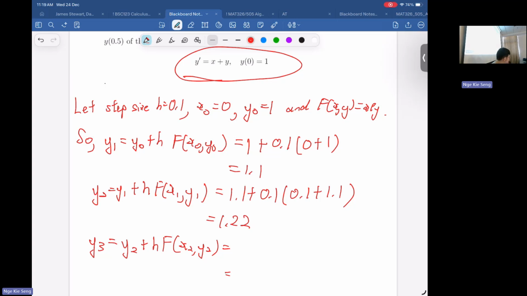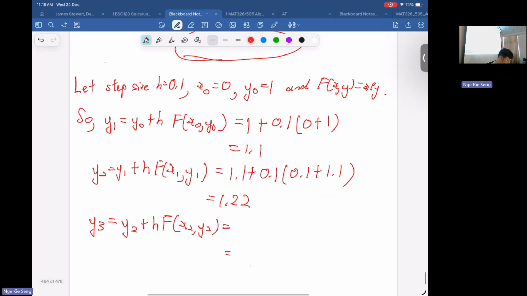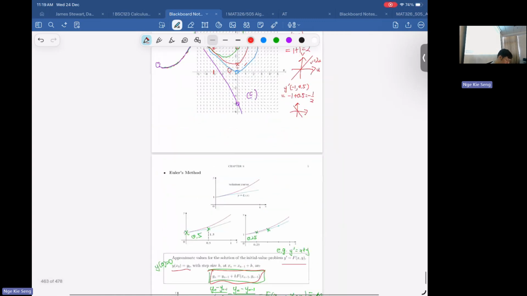What do you get? Jason, you got any solution? Not yet. 1.362. Okay, how do you get it? 1.22 plus 0.1 times 0.2 plus 1.22. Yeah, that's it. Okay, so then you can go back to your graph here.